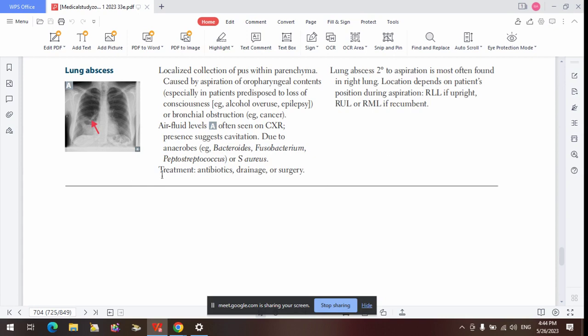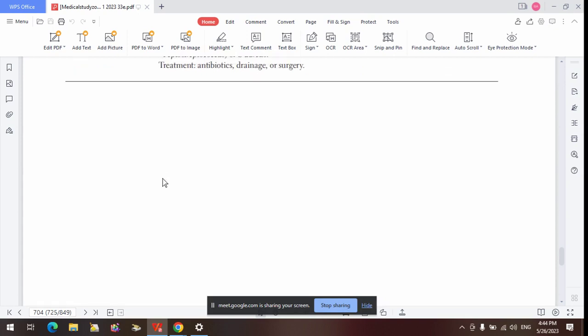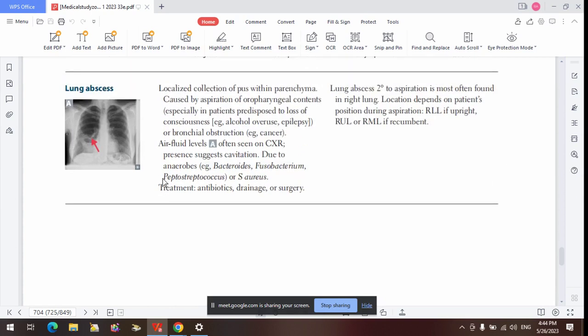So what are the implicating organisms, especially when it's due to aspiration of oropharyngeal content? Bacteroides, just like we mentioned, Fusobacterium, Peptostreptococcus, or Staph aureus for the aerobic. So you want to treat by giving antibiotics to clear it. But if it's a very large one, you might want to drain.